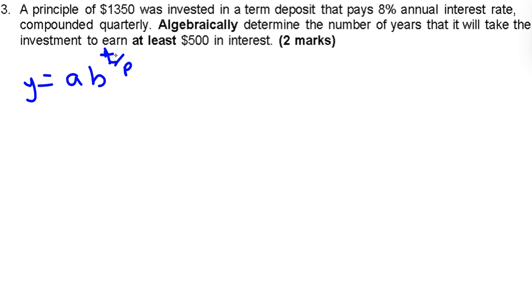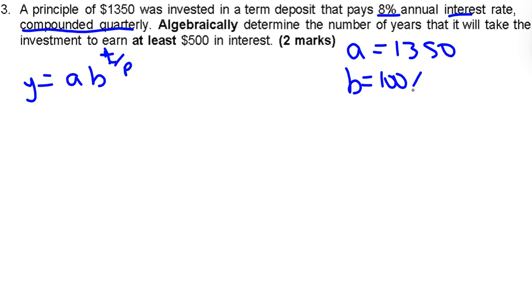So we have a principal, that's your initial amount of 1,350, invested in a term deposit that pays 8% interest compounded quarterly. Okay, that's my base. So I have 100%, all of my money, plus an extra 8%, but that 8% is compounded quarterly, which means I get paid 4 times a year.